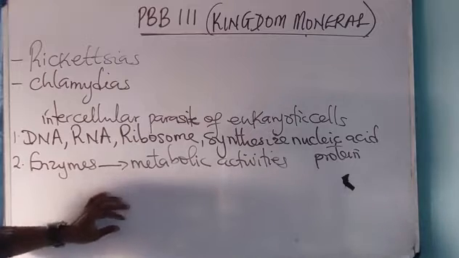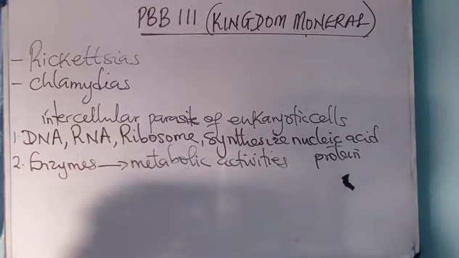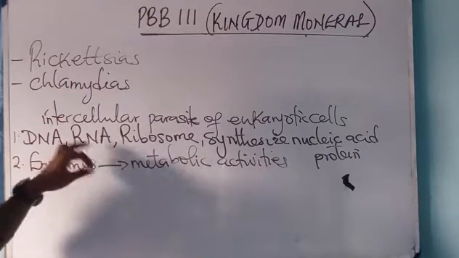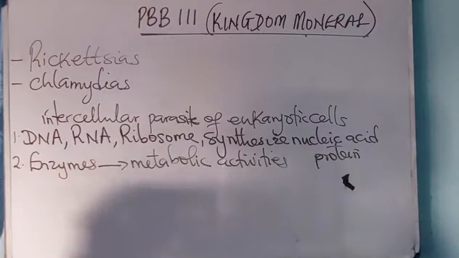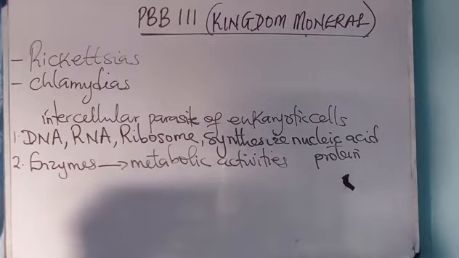ATP, which means that they cannot generate their own energy. They depend on the host for ATP, called adenosine triphosphate. So these are the features of the rickettsias: DNA, RNA, ribosomes, and nucleic acid are present, they have enzymes that make them carry out their metabolic activity, and they are dependent on the host for what?